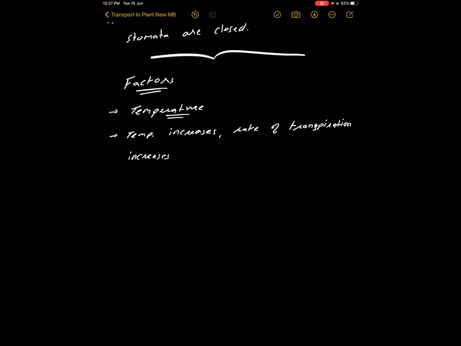Okay, next it is light. In presence of light, stomata open. So rate of transpiration increases.